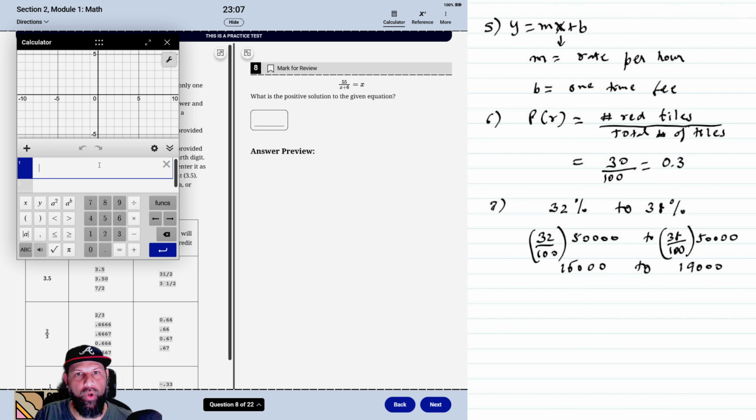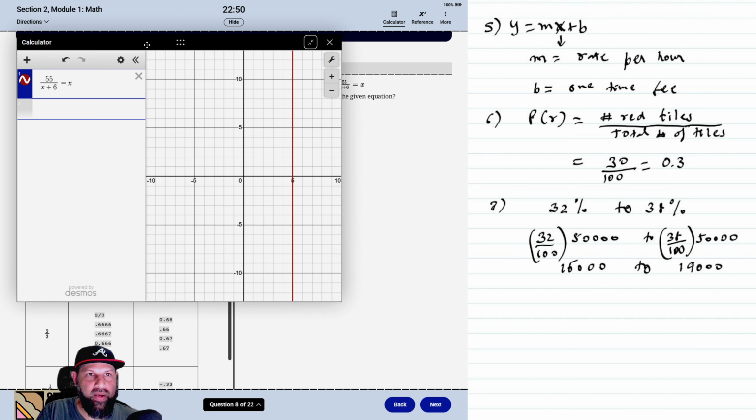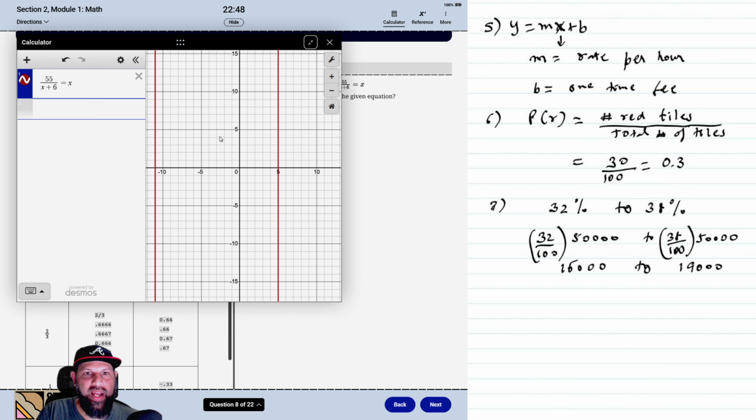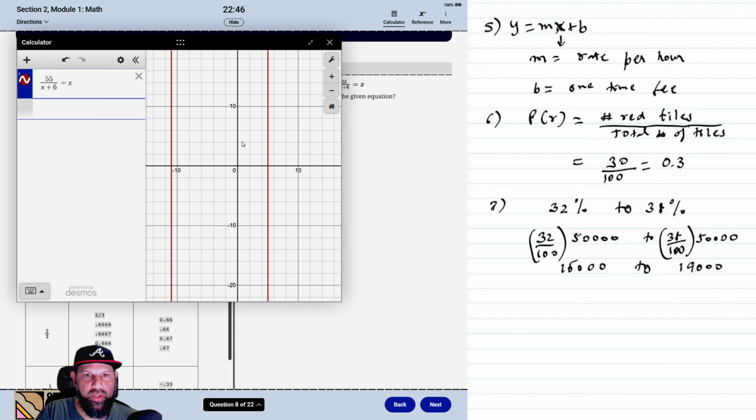Here we'll just put in 55 divided by x plus 6, and then we're going to say equals x. As you can see, we already have a graph here, and the graph is going to be straight vertical lines, because these are just going to give us values of x.